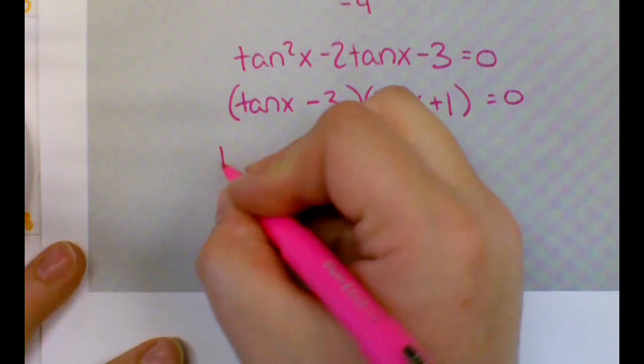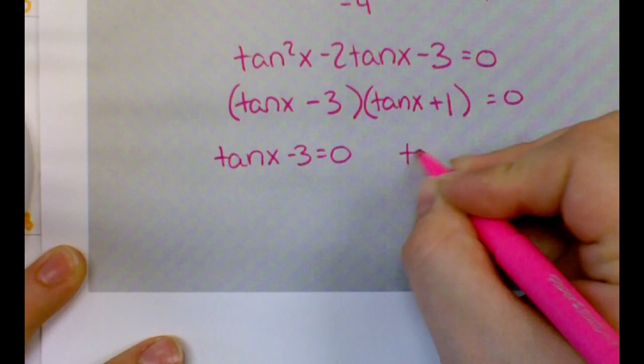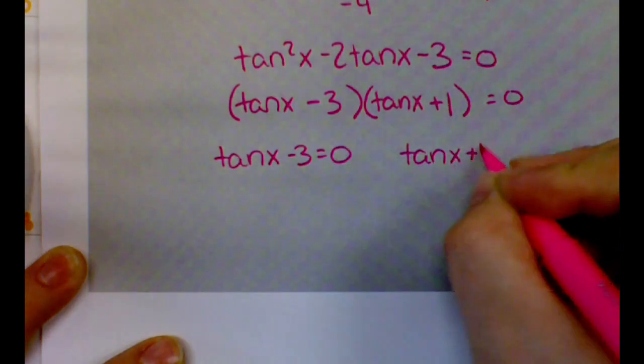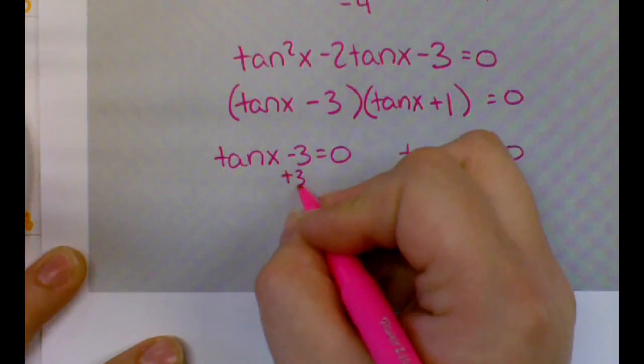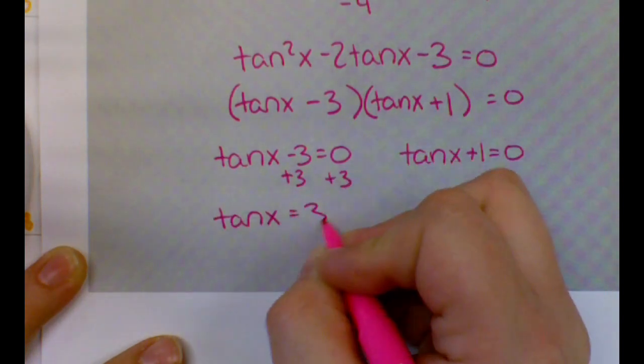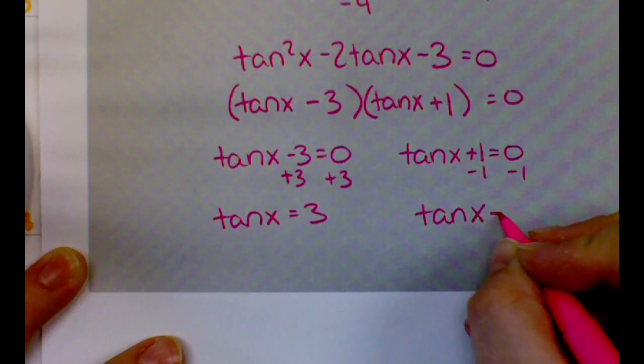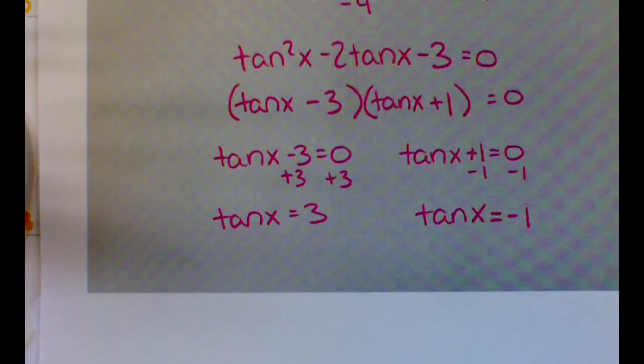All right, we set each factor equal to 0. Add 3 on this side. Subtract 1 over here. Well, I do not know where the tangent of x equals 3.